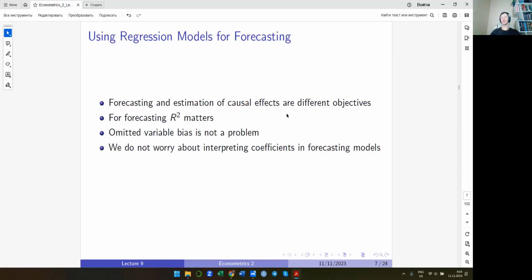We don't care about interpretation of coefficients, and usually they are not interpretable. The betas and all the other coefficients that we are going to estimate don't have any practical interpretation. They are just there. They somehow describe the whole model, but this is not our goal.